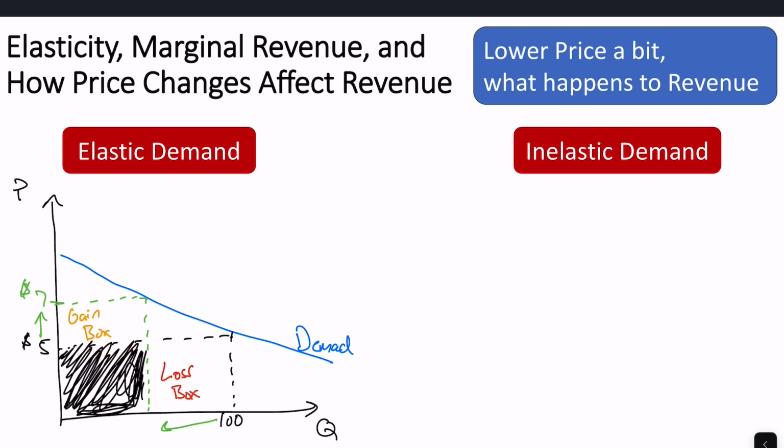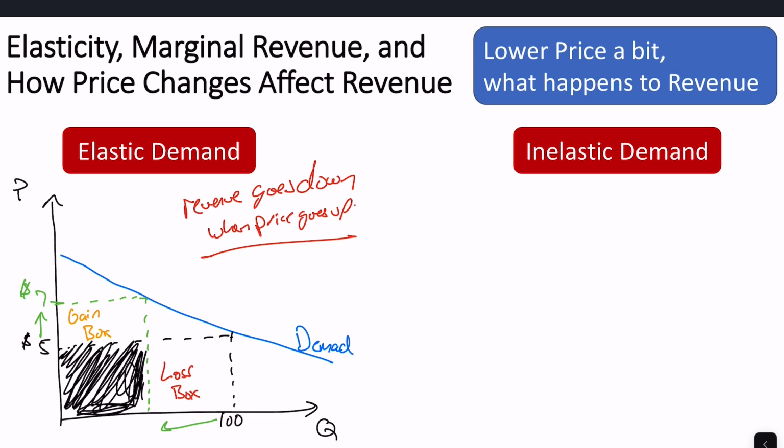So when you add them up, revenue goes down when price goes up. Right? So if you're on this demand curve on the left where it's elastic demand, it's relatively flat, and you raise the price, your revenue is going to go down. So marginal revenue would be negative. Revenue goes down when you raise the price. On the other hand, if you lower the price from $7 to $5, then your revenue is going to go up.